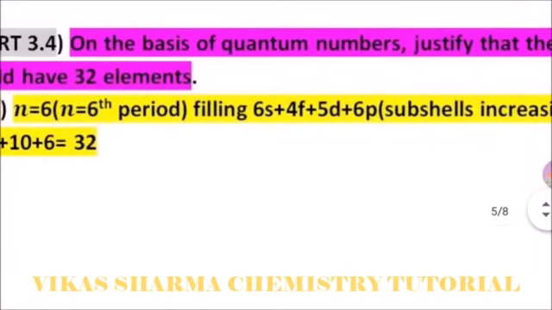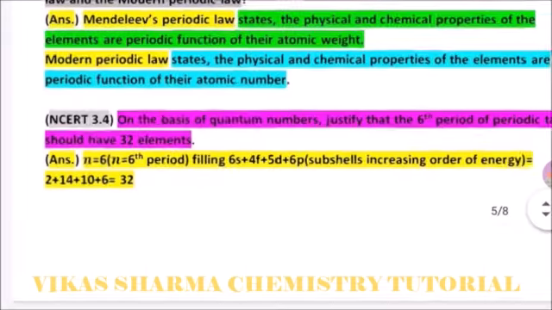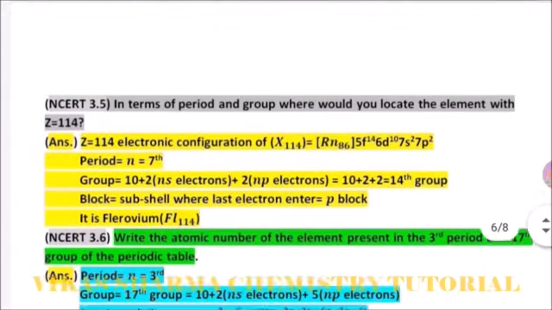The s subshell holds 2 electrons, 4f holds 14, the d subshell holds a maximum of 10 electrons, and p holds 6. So 2 plus 14 plus 10 plus 6 equals 32. It means period number 6 can hold a maximum of 32 elements. So you can easily predict it.